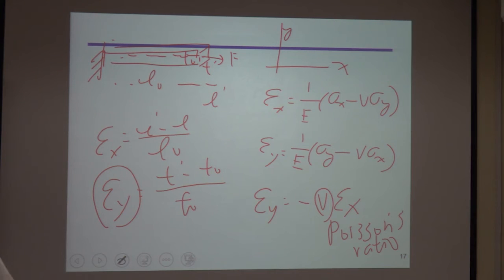Okay, so now you know what the Poisson ratio nu is. And E is Young's modulus, the slope of the stress-strain relation. So this is the basic equation we will use in this pressure sensor case.